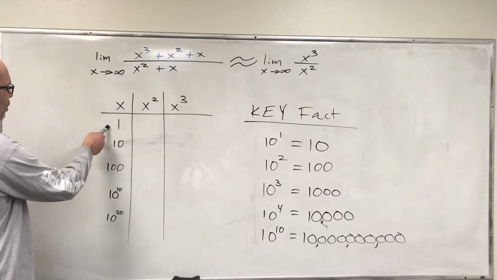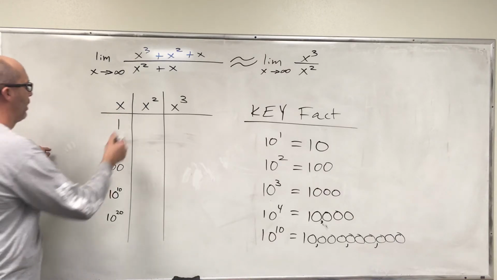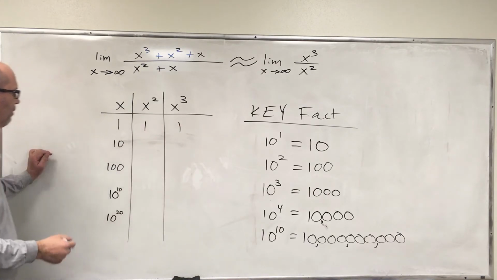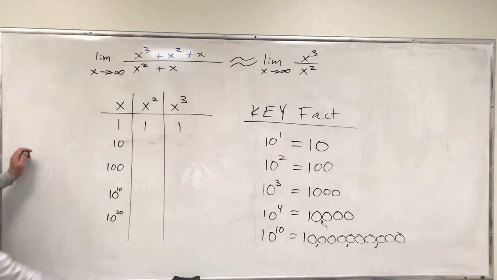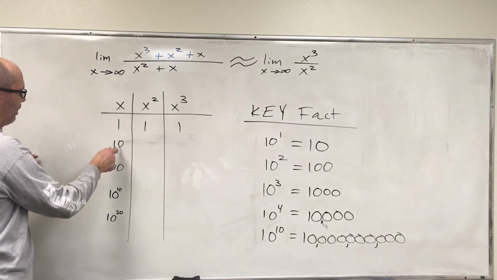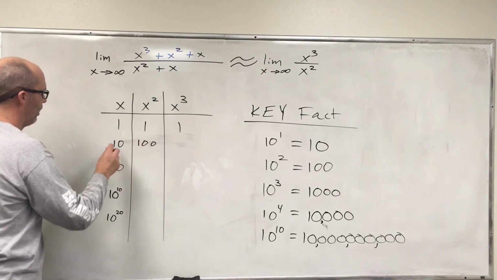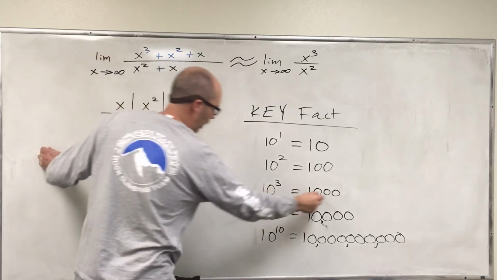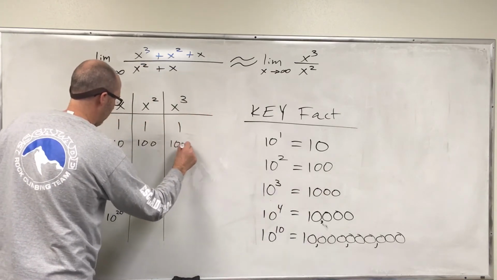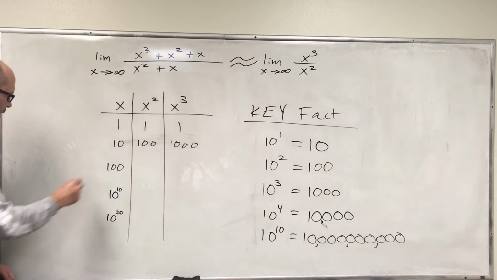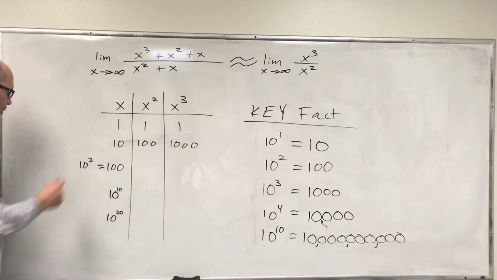If x is 1, x squared is 1, x cubed is 1. If x is 10, then we have 100, and we have 10 cubed, which we said was 1,000. Okay, 100 is 10 squared.